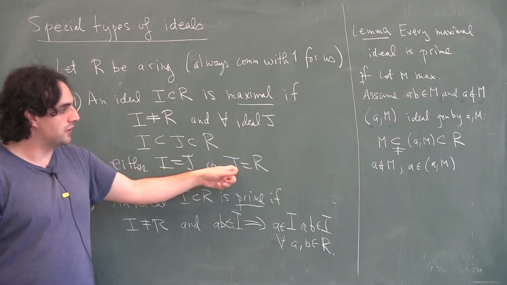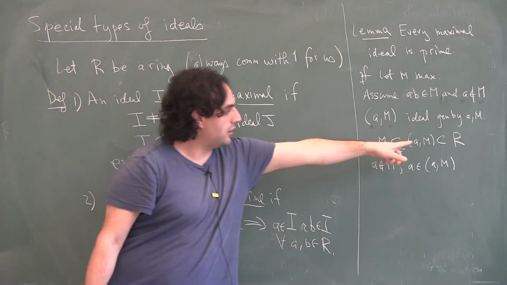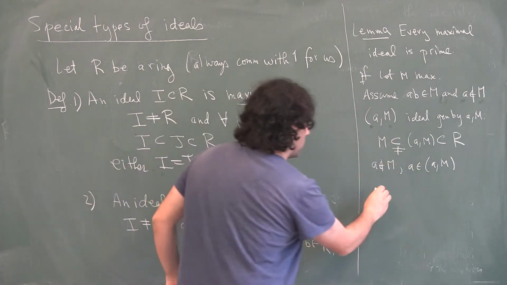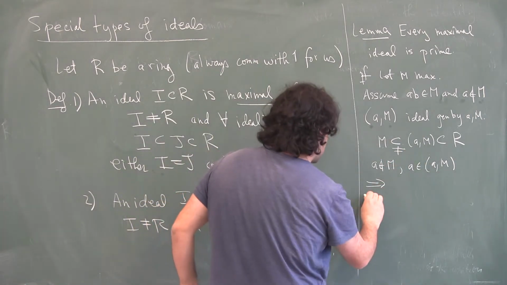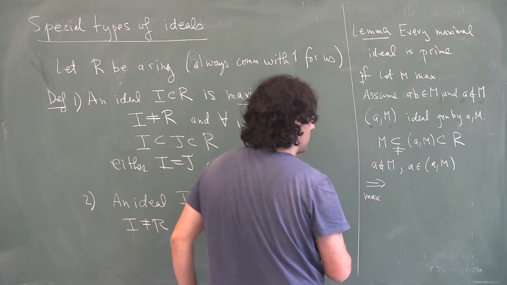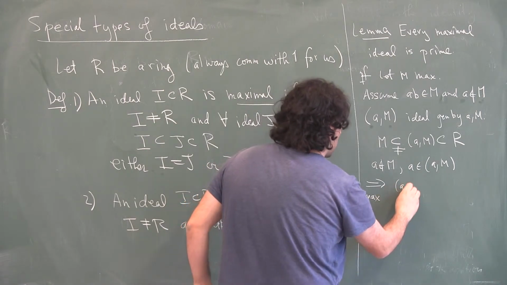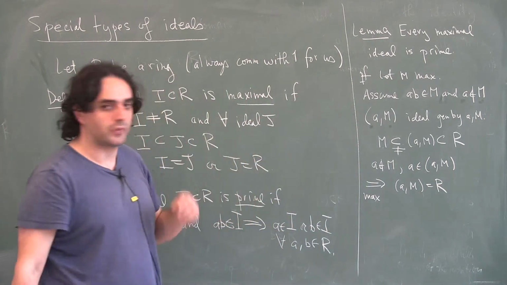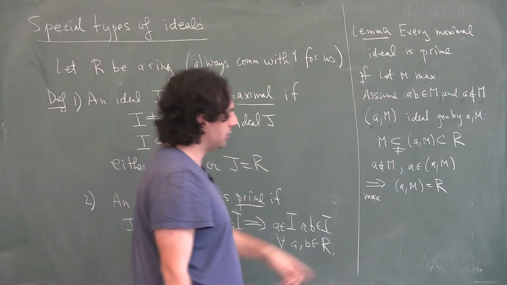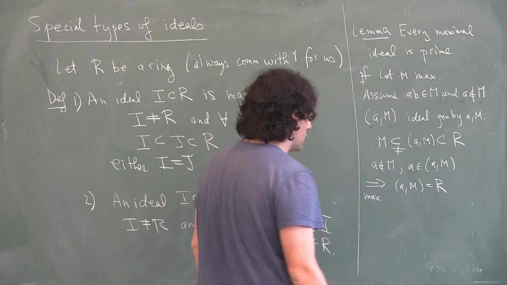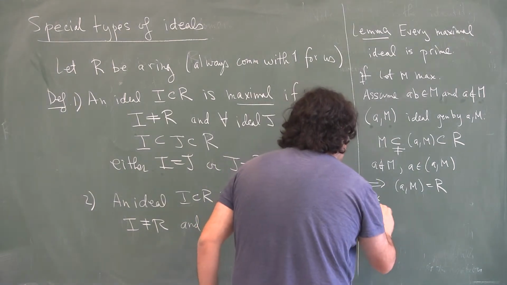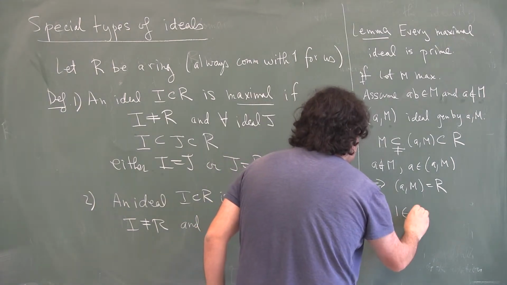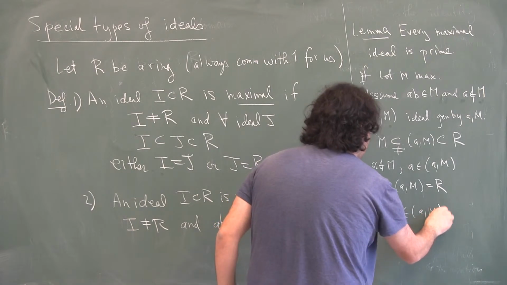This forces, by the maximality, that our ideal generated by A and M be all of R. But what does that mean? R, we are assuming, has a 1. This means that 1 is in the ideal generated by A and M.